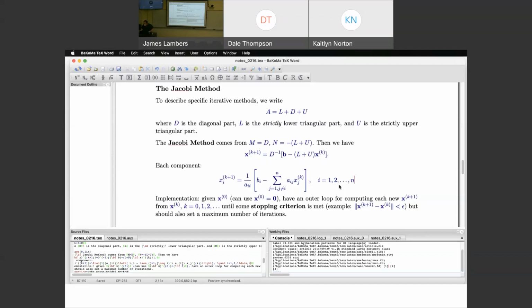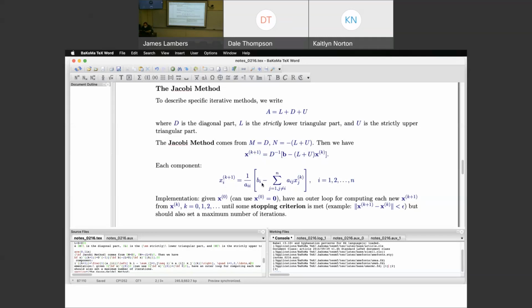Now, one thing that's worth pointing out about the Jacobi method is that here it's assumed that all the components of each iterate are being computed in order. First component, second component, all the way to the end component. Let's suppose we've gone pretty far down the list.